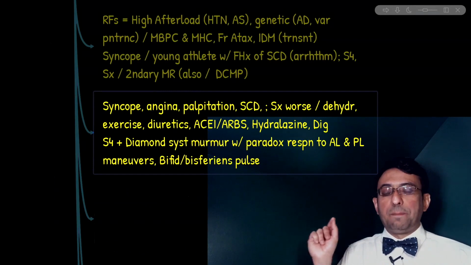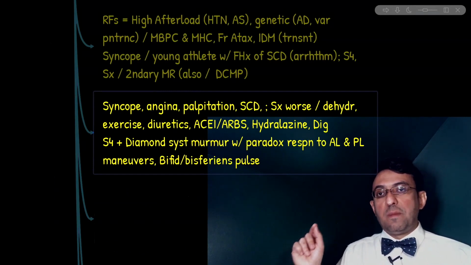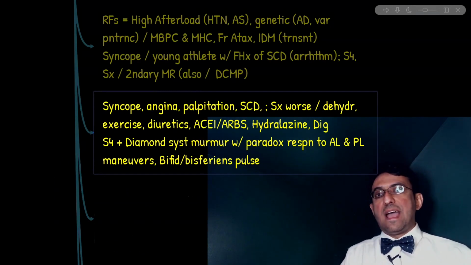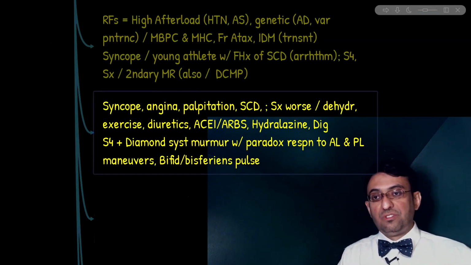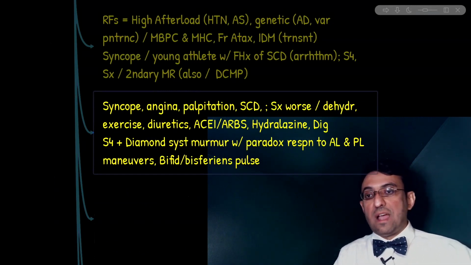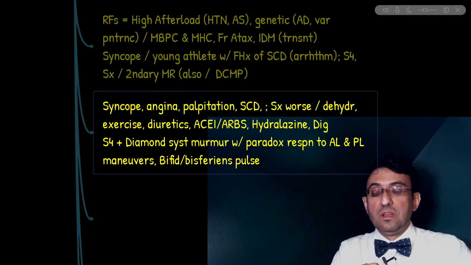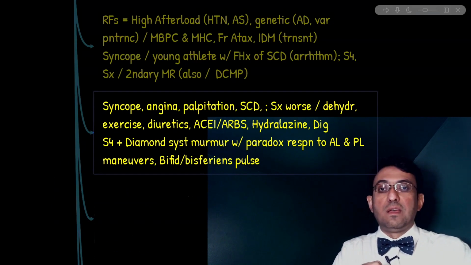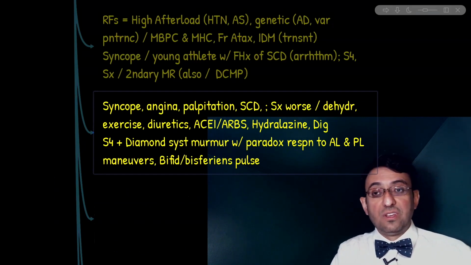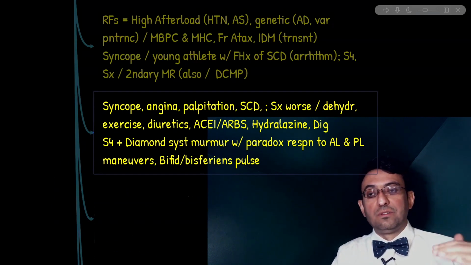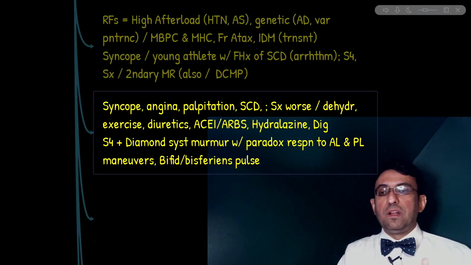However, we have exceptions, and I refer to them as paradoxical response, and by that I mean the murmur either softens in intensity, it reduces the intensity in response to increased afterload or increased preload, or vice versa. That's the intensity increases in response to decreased afterload or decreased preload.